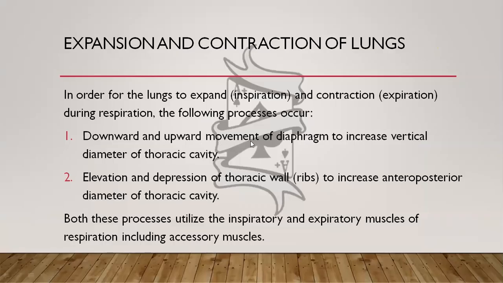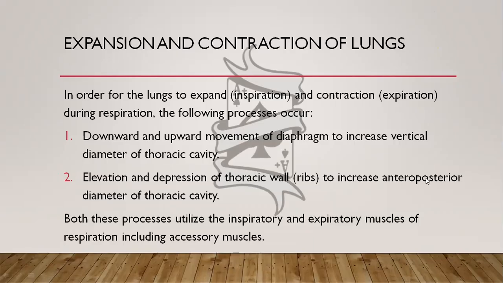So the downward and upward movement of the diaphragm is really what's going to be assisting in changing the vertical diameter of the thoracic cavity. You also have the involvement of the elevation and depression of your thoracic wall due to the muscles that we have there, right? So remember, you have, for example, your external intercostals, your internal intercostals, and you have some accessory muscles.